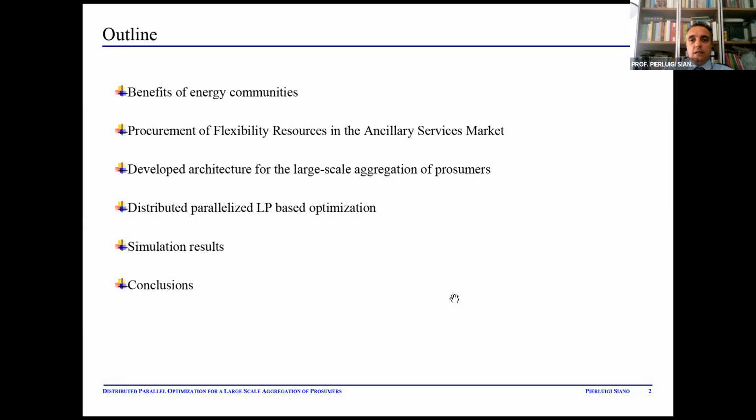We have considered both day-ahead and real-time optimizations.